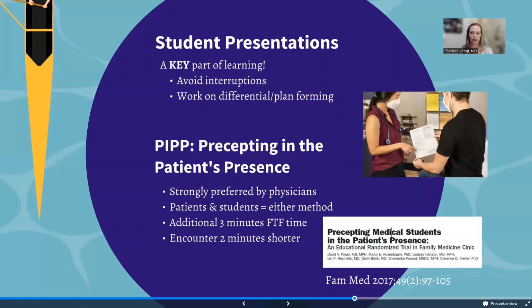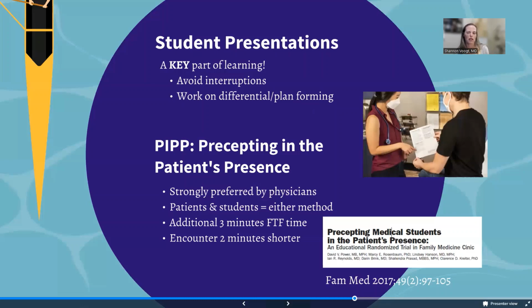Instead of sitting back in my clinic with the student presenting to me, I say, hey, let's go in the room and you tell me about the patient in front of them, and I'll just listen. And then you'll tell me your plan. So we go in the room, and I always explain to the patient what's happening. I say, thank you for seeing our student Jack. He's going to tell me what you all talked about and what he found.